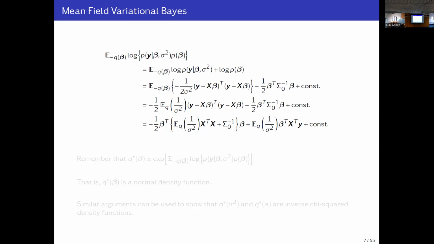So the first line is just basic logarithms. You notice that we don't apply the expectation to the log of the prior specification. Is that obvious to people, or not so obvious? Can you explain?